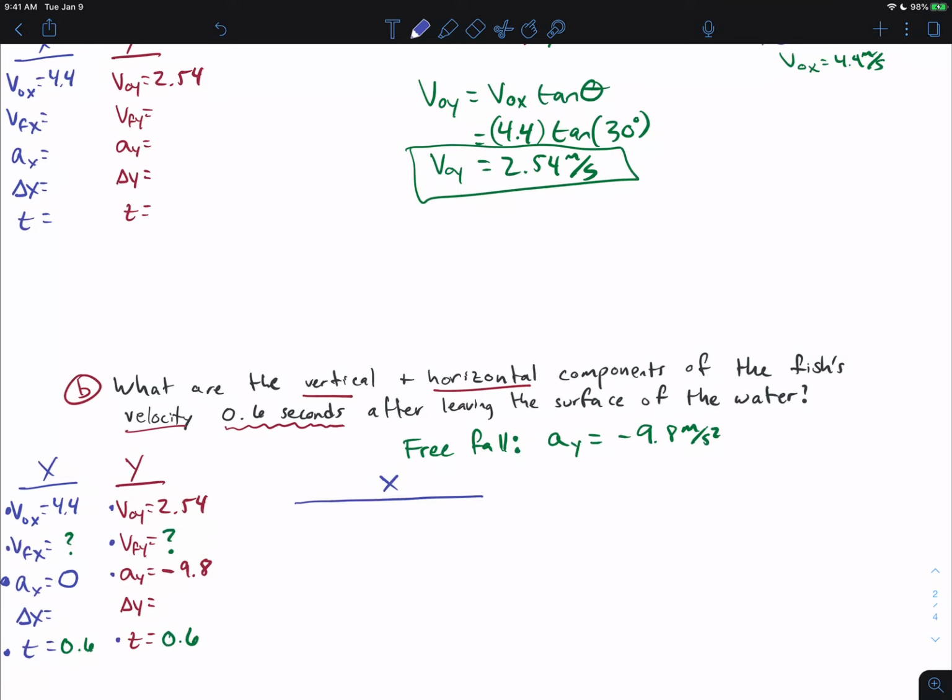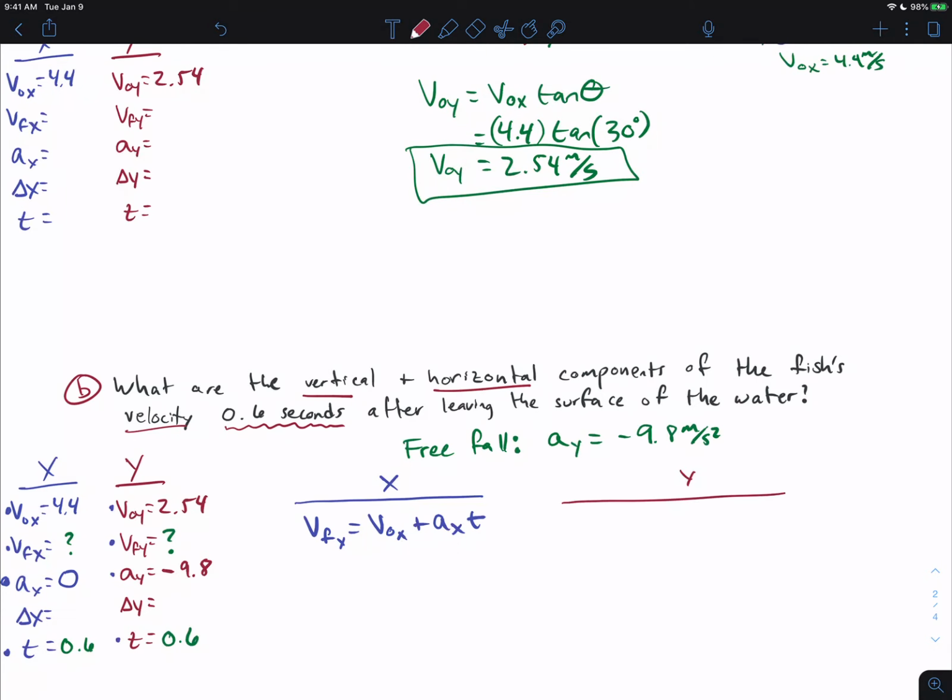Okay, so hopefully the formula that you looked up is this formula right here: my final velocity is equal to my initial velocity plus acceleration times time, right? And similarly, this is going to work in the y direction.